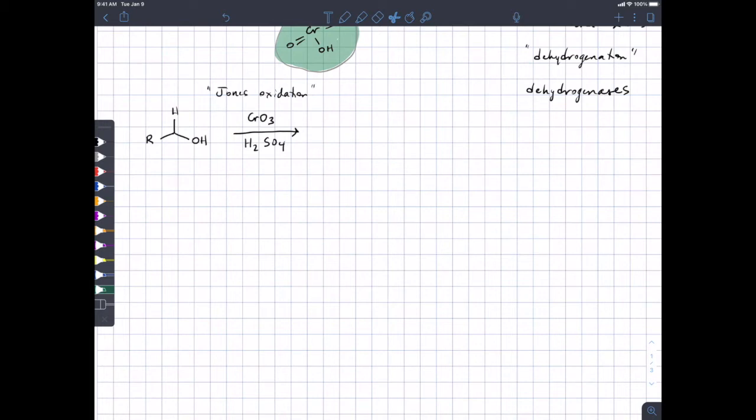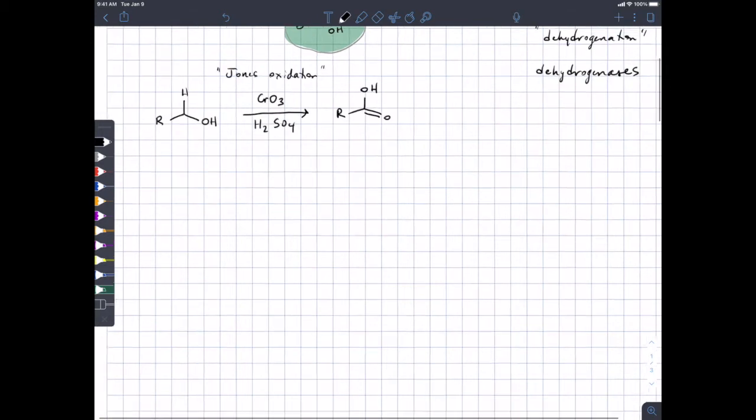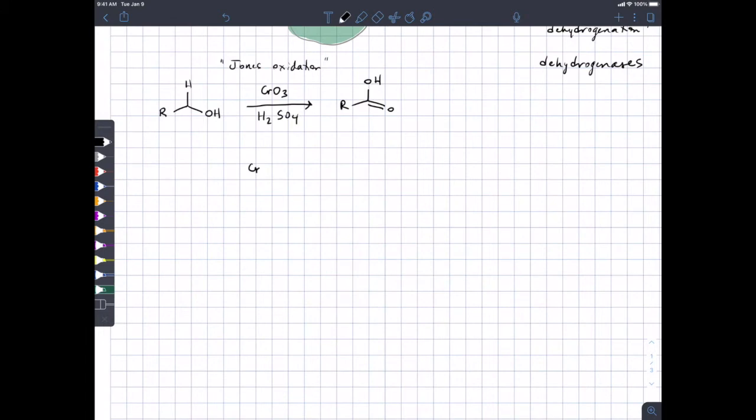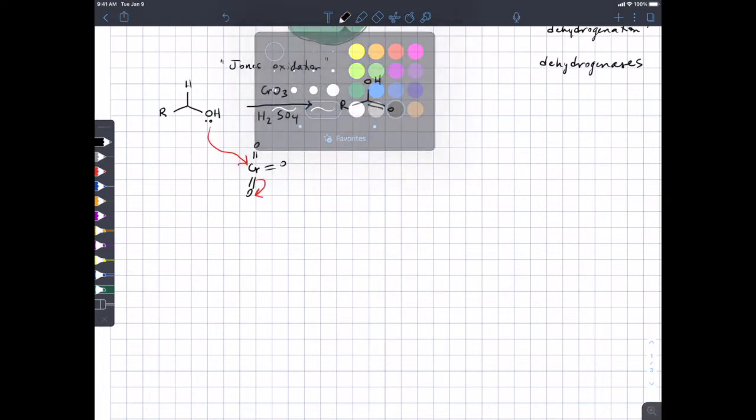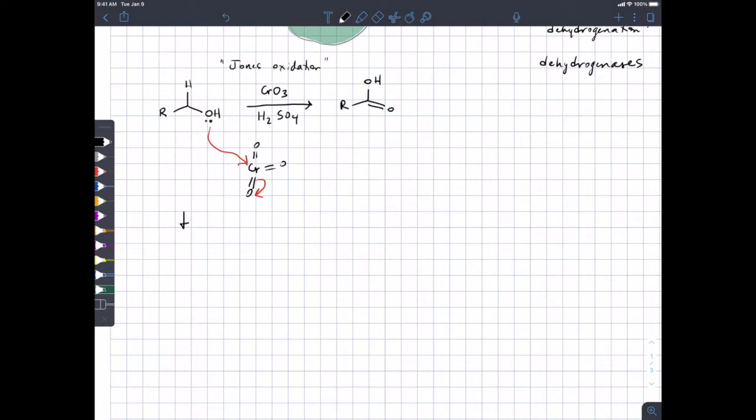This reaction will go all the way to the carboxylic acid. And the mechanism is exactly analogous to what we saw previously for PCC, only instead of attacking the chromium and having a chloride leave, we're going to attack the chromium and break a chromium oxygen pi bond to get a familiar looking intermediate.